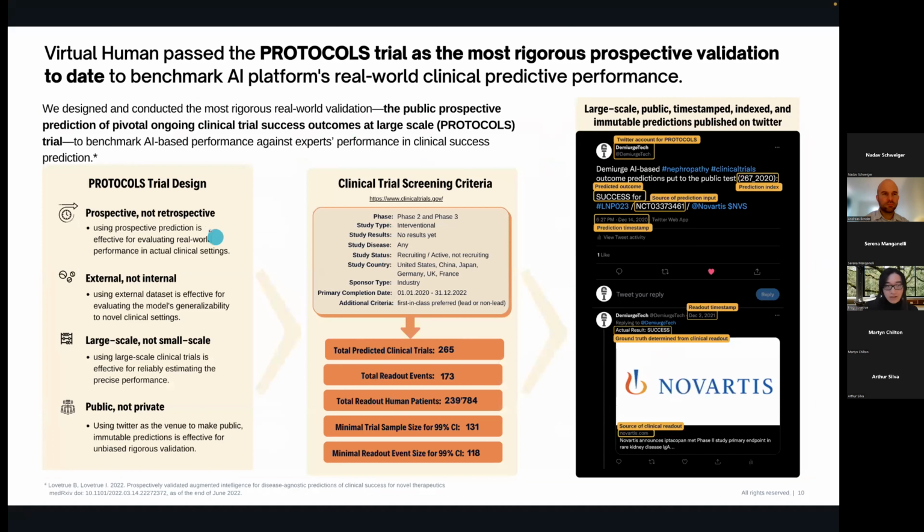And also we took it to the highest level of rigor in order to establish a standard, like a CASP challenge for protein structure prediction. So that's the reason why we standardize the entire approach and use Twitter as a public venue, in order to make sure that the entire validation has been realistic and informative from the application point of view, and measure the application setting as much as possible.